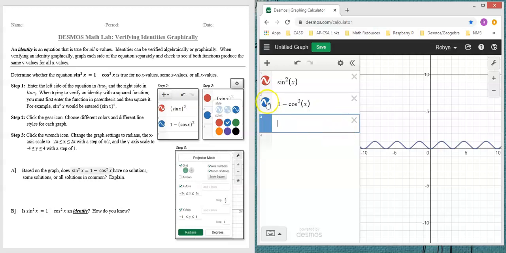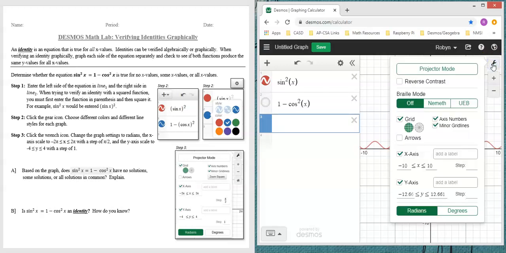So in Desmos, if you click the little circle here, that turns the graph on and off. And if you make them different colors, then you can tell by toggling where the different things are. You can also adjust your scale by going to this toolbar.